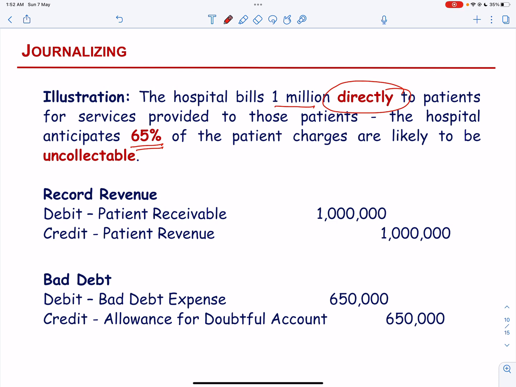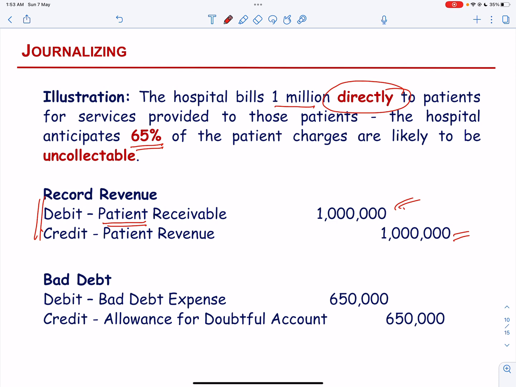Let us record this transaction in the books of the journal. So first of all, we are going to record the revenue, and the revenue is 1 million, patient receivable 1 million, and this is the difference from the third party receivable. We are billing directly, so this is patient receivable and not third party receivable, and we are going to credit the patient revenue by 1 million.